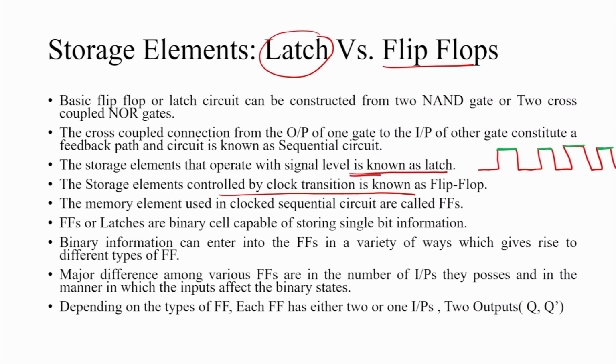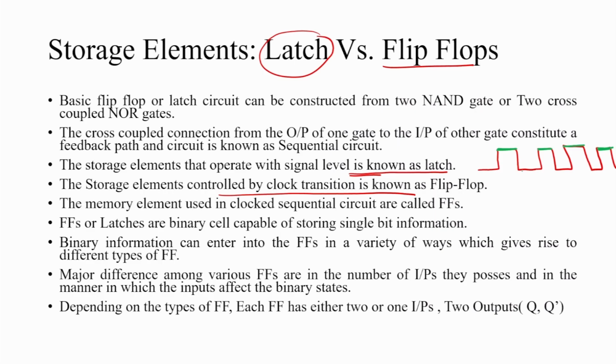Just like we discussed the enable input: when the enable input is 1, the circuit behaves in one way, and when the enable input is 0, the circuit is disabled. So the sequential circuit is level triggered, meaning it works either when the level value is 1, that is the enable input is 1, or only when the input is 0.